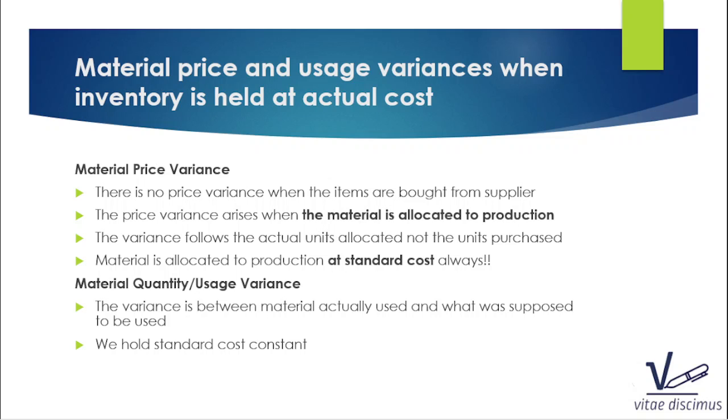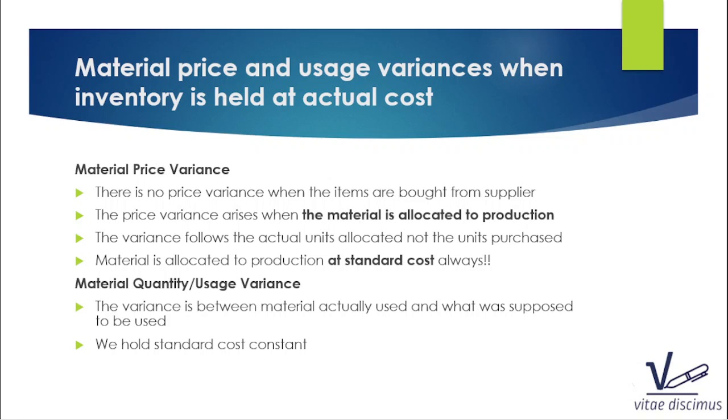Now, with regards to material price and usage variances when inventory is held at actual cost. For the material price variance, there is no price variance when the items are bought from the supplier. The price variance only arises when the material is allocated to production.